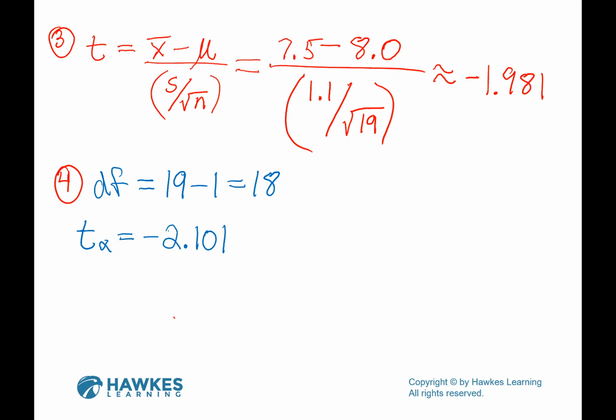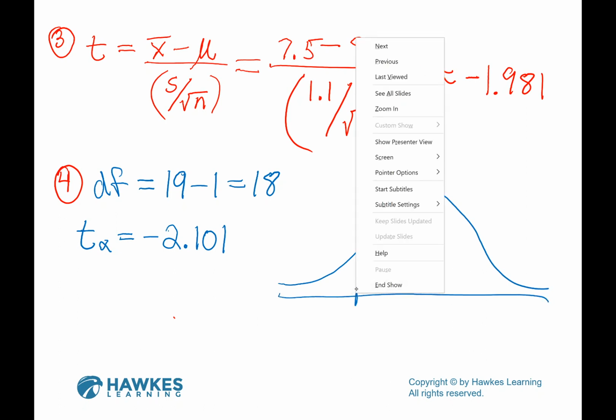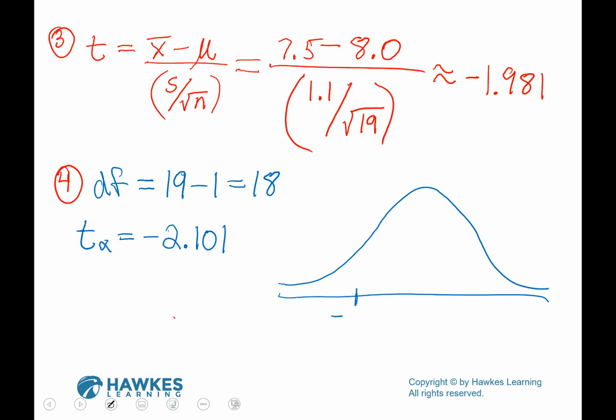I like making a sketch. I like having a little picture. So my critical t over here, negative 2.101 somewhere. Here's my rejection region. So from here to the left, because it's left-tailed, we will reject.